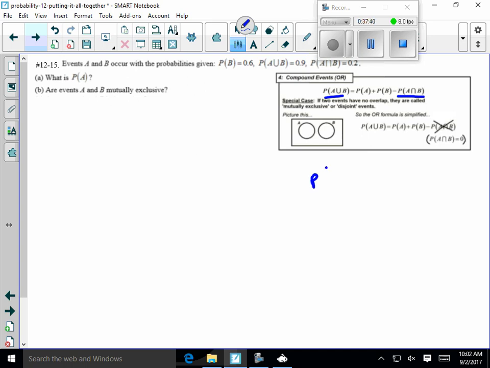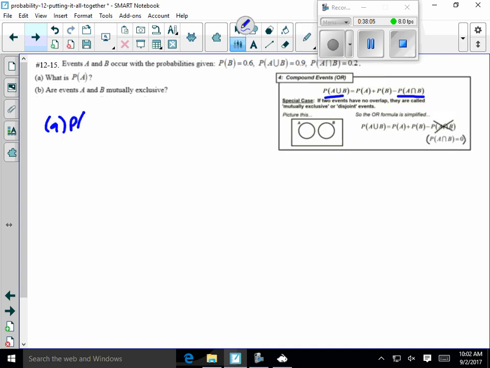The AND formula, by contrast, says the probability of A and B is the probability of one event times the probability of the other event given that the first one occurs. That has a conditional probability, but it doesn't include the OR case. There's no OR in that formula. So I think the right formula to solve for part A is the general OR formula.